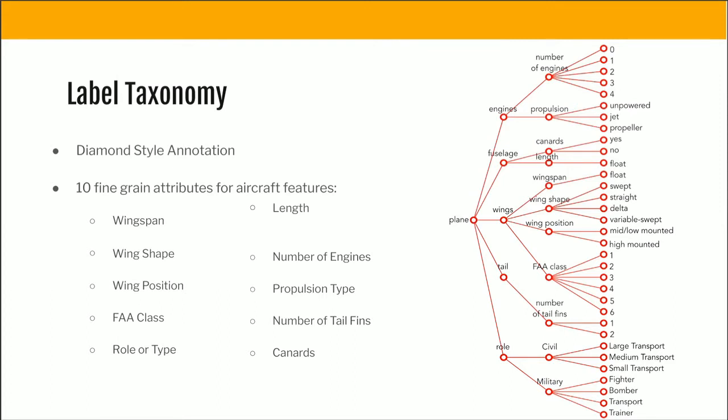The second side benefit is creating a bunch of different classes. With our software that we've released on GitHub, you can combine these attributes together. If you want to find jet aircraft that have straight wings, or a certain type of propulsion, or number of tail fins, you can combine all of these.